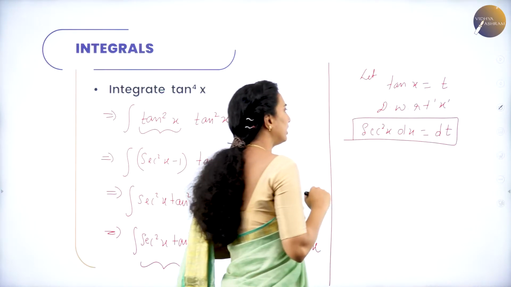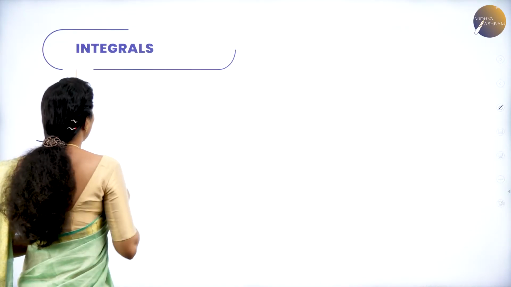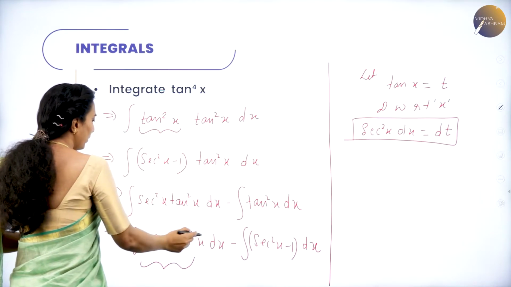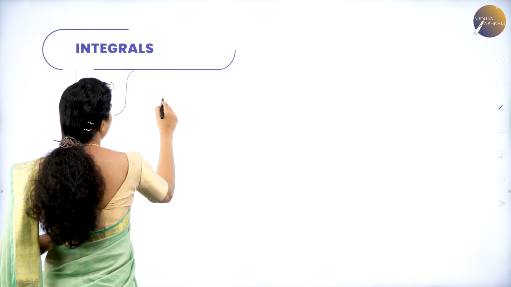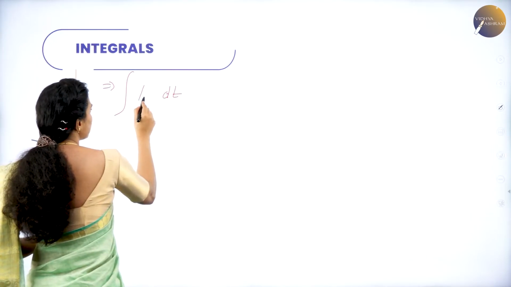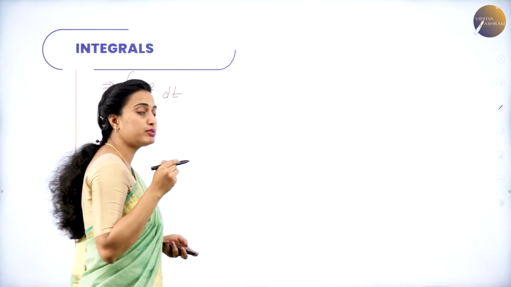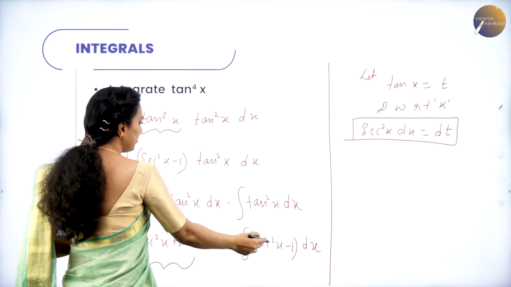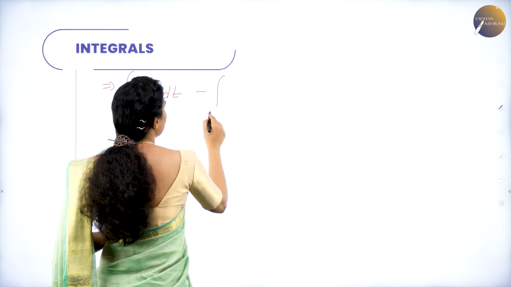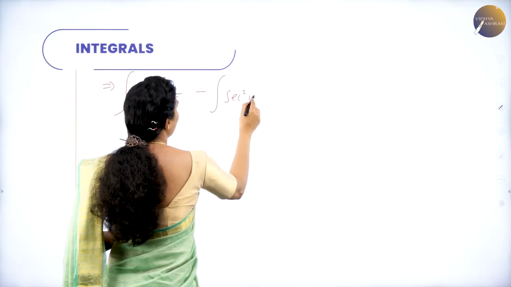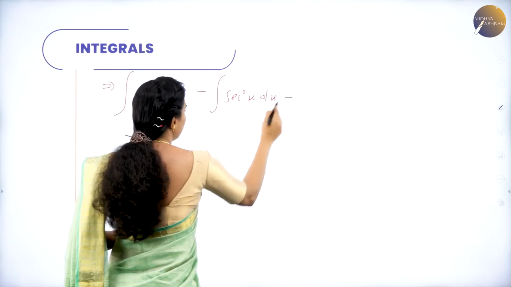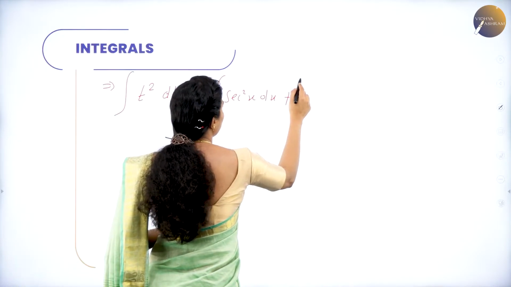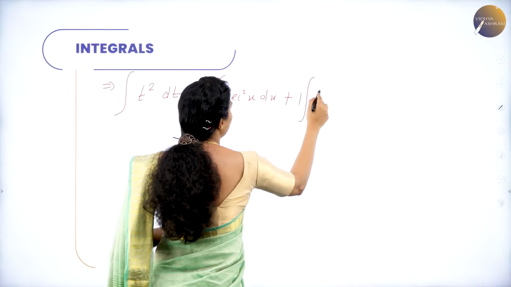Now substituting this into this condition, which will be equal to, see, secant squared x into dx is nothing but dt, and tan squared x is nothing but t squared because we have substituted tan x as t, minus, see, multiplying inside, minus integral of secant squared x into dx, minus into minus is plus 1 into dx, integral of 1 into dx.